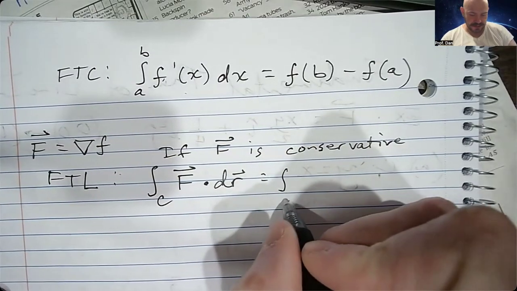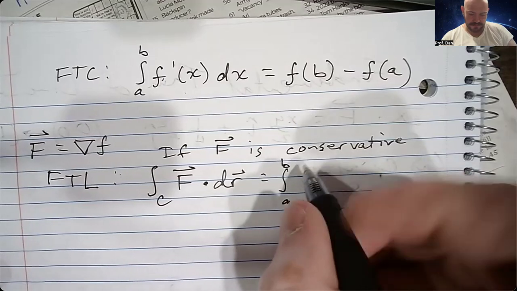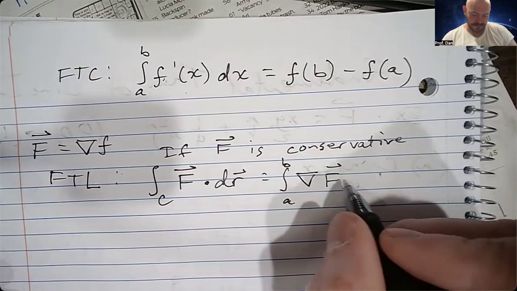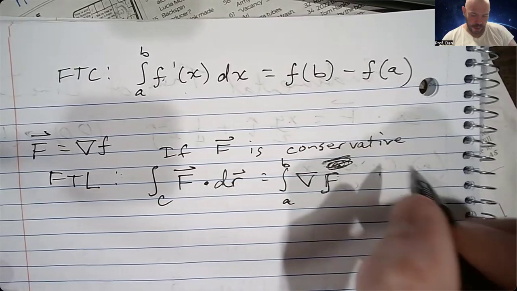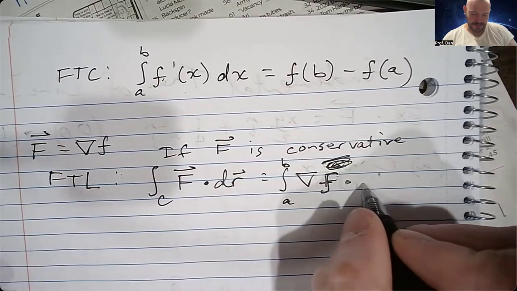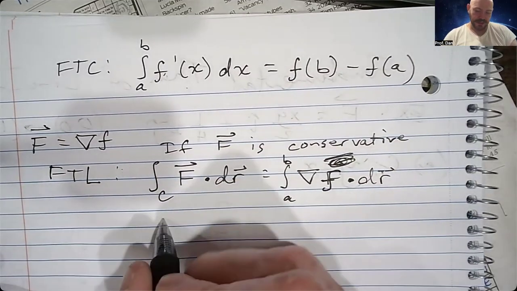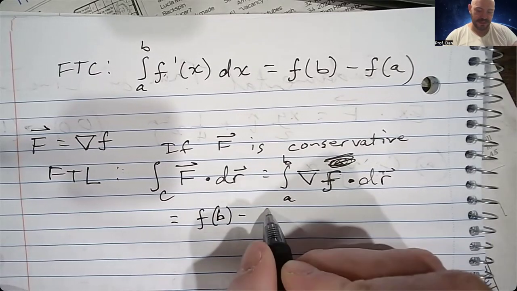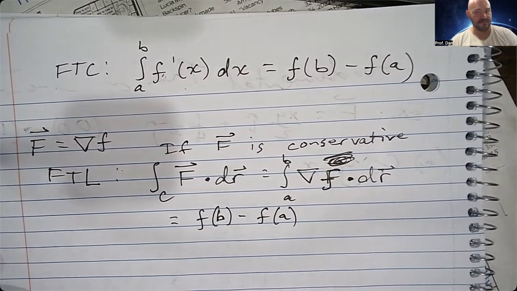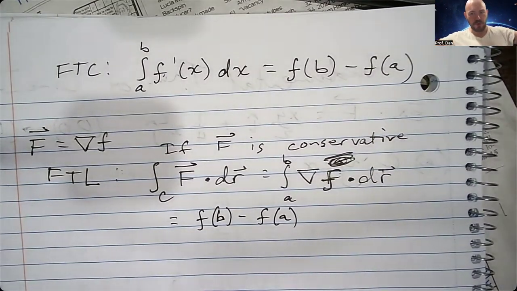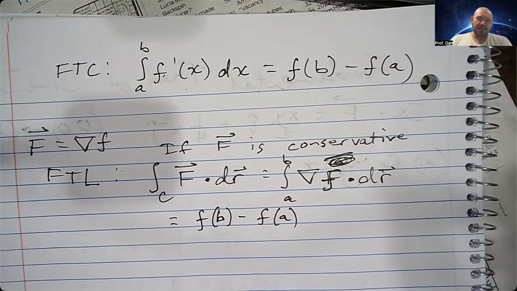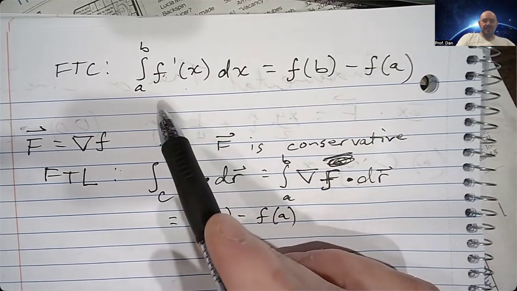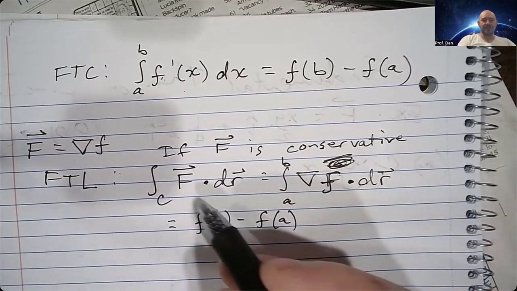So if we write this as the integral from a to b of our gradient, little f dot dr, that's essentially going to give us the potential function at point B minus the potential function at point A. So it really is just the fundamental theorem of calculus, except now instead of talking about definite integrals, we're talking about line integrals.